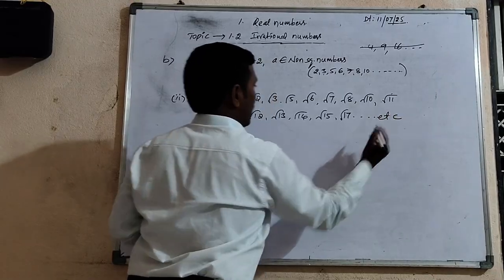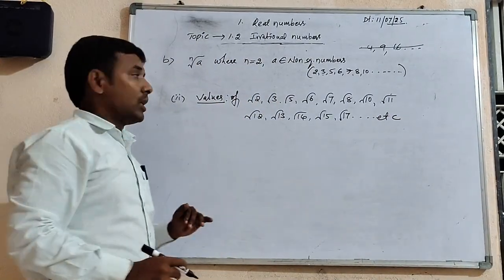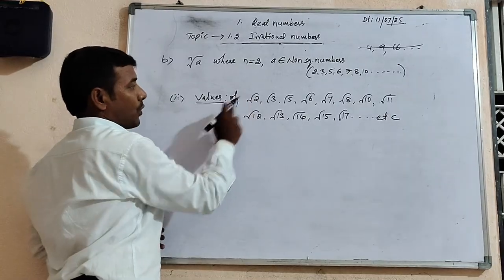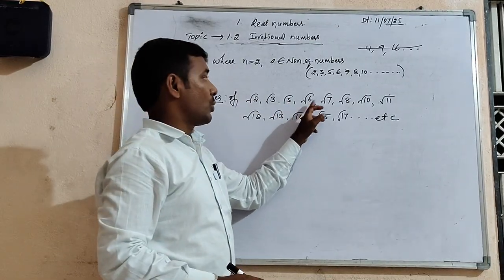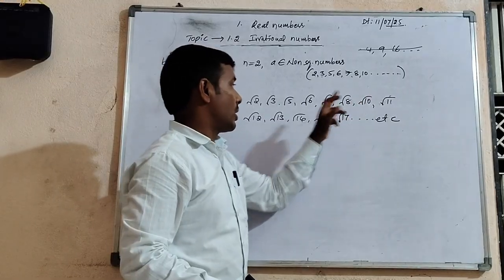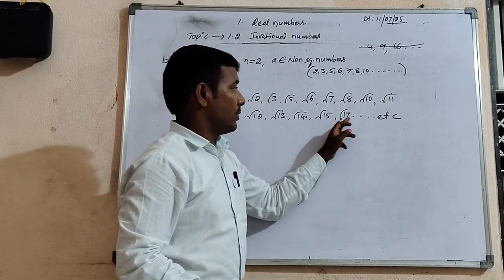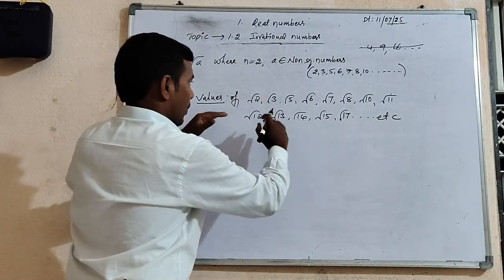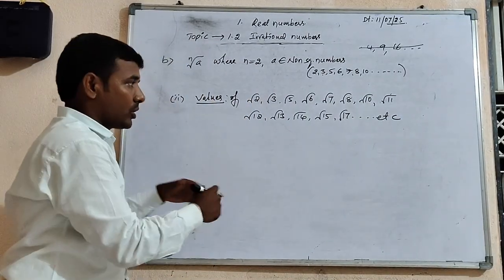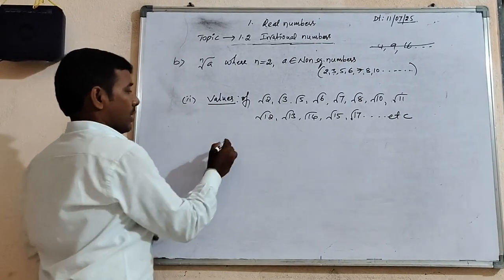These are our targets and tasks. So let us see how to find the root 2 value, root 3 value, and so on. I want to clearly work out one or two problems, based on which we can find all the remaining ones. Let us see one by one.